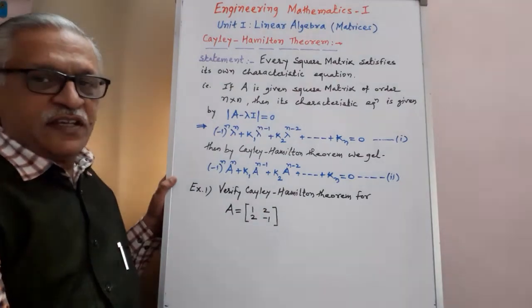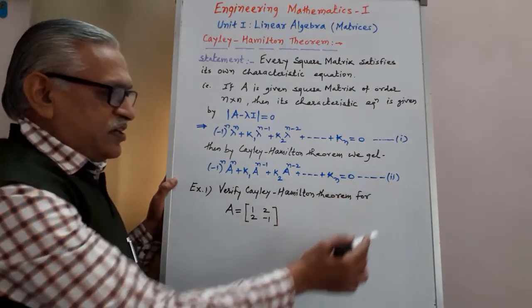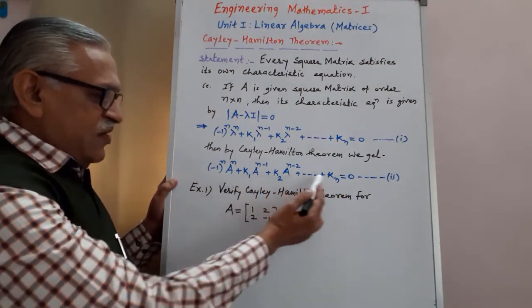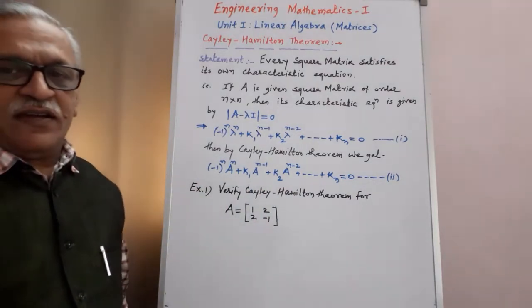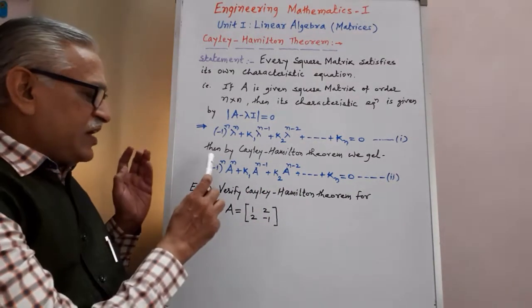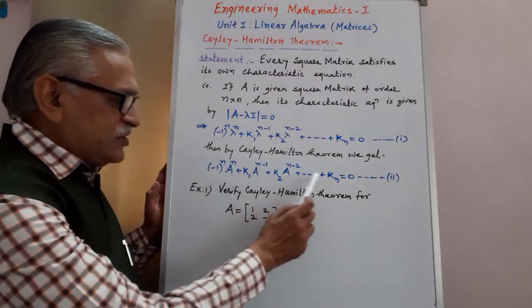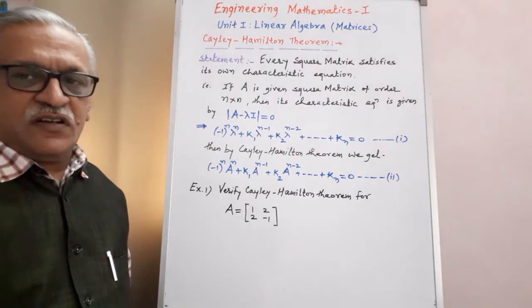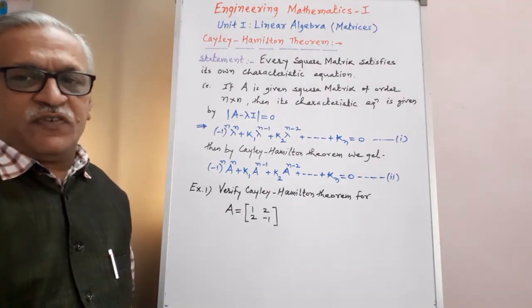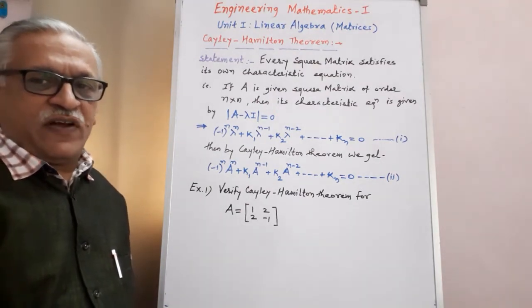The last term is kn equals 0. Equation number 2. Then we have to verify this theorem. Means we have to check whether the sum of all these terms is equal to a zero matrix. If we get the zero matrix, then we can say that the theorem is verified.